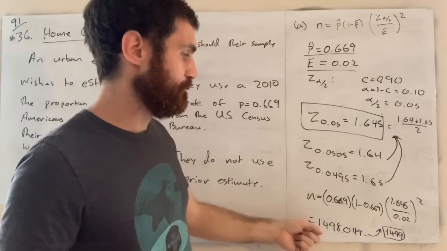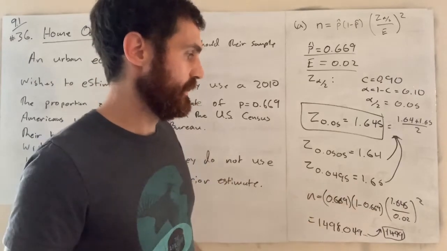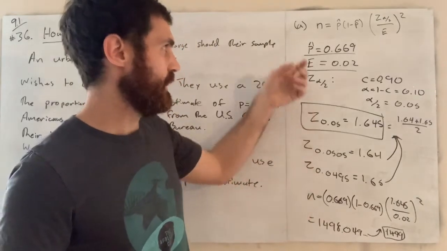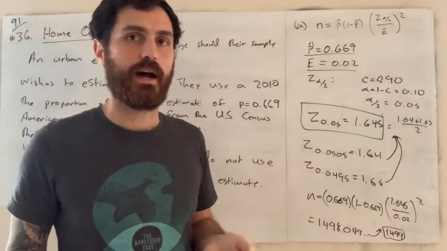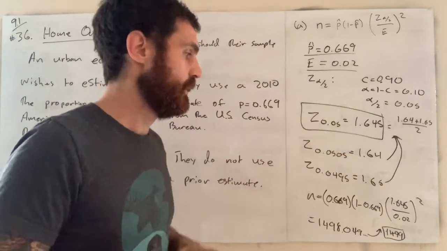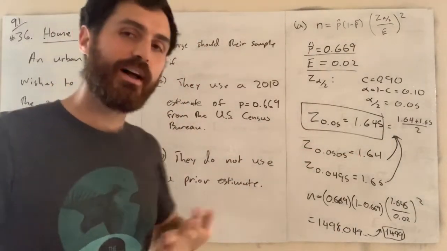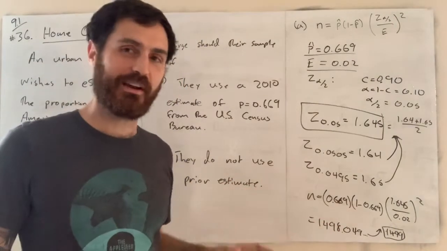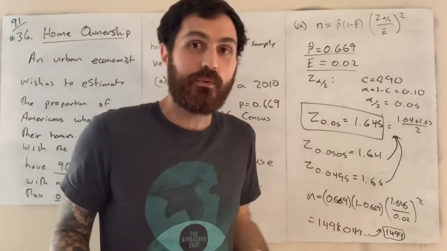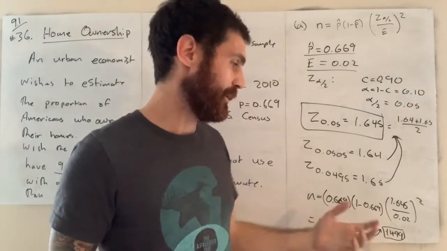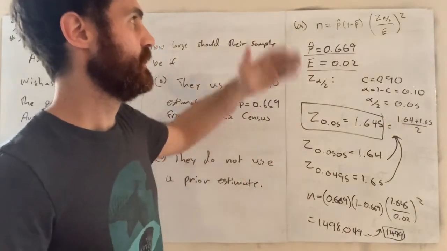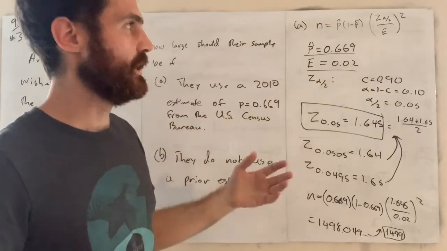But if you're getting something in the thousands range and you're worried that it's giving you too low of a sample size, just bump it up 100 more. You can't do that on tests. I'm going to be looking for kind of the minimum value. But when you're working in real life, you can always add a little bit more to your sample size. Because remember, the idea is if you make your sample size larger, the error goes down.